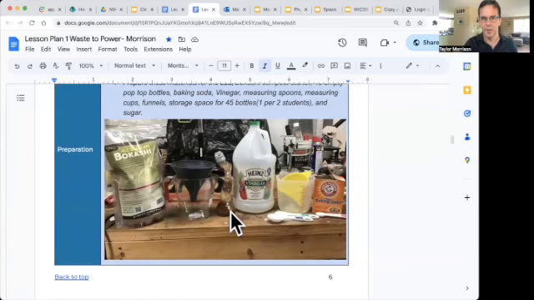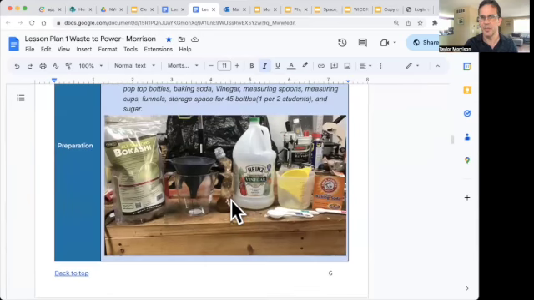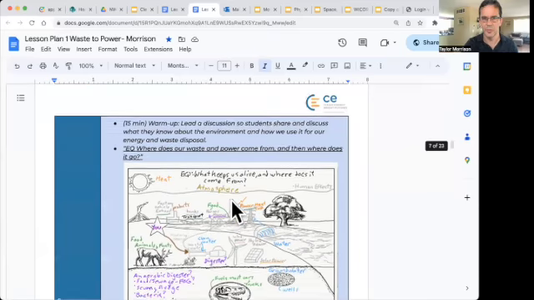You put it in one of these bottles, you add vinegar and baking soda as the food for the bacteria. You squeeze up the bottle like this, and then the bottle will eventually expand through anaerobic digestion and fill with methane gas. So that's a great little hands-on method. I've been doing it 3 years now in the classroom, so it's pretty fun.